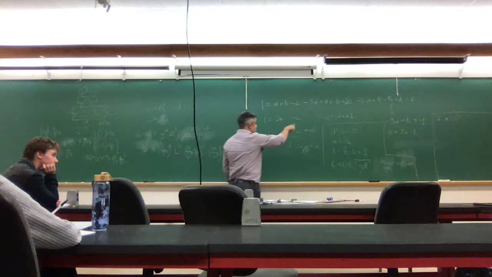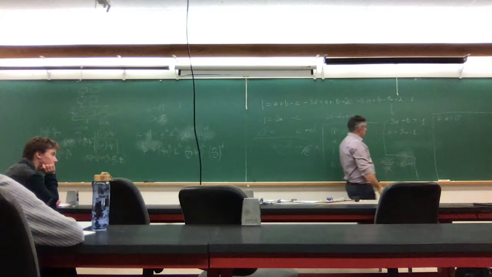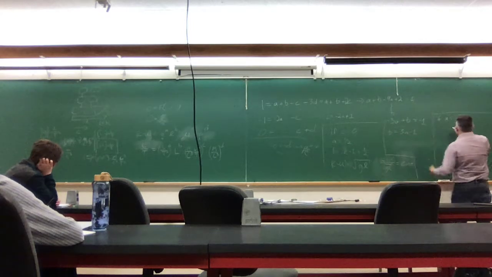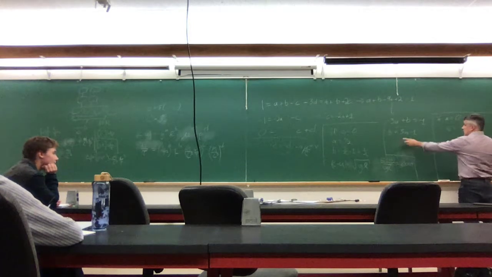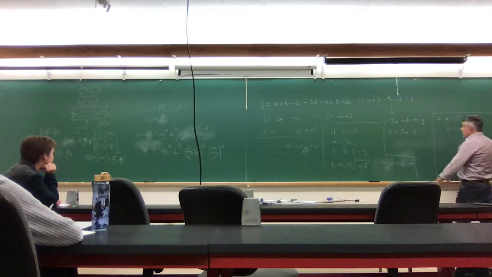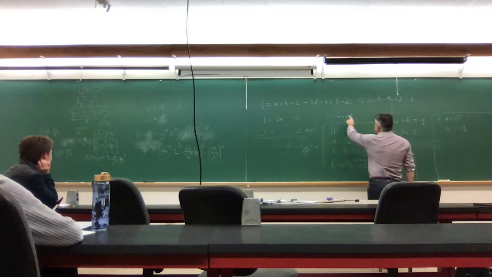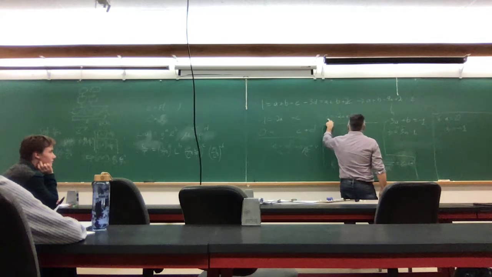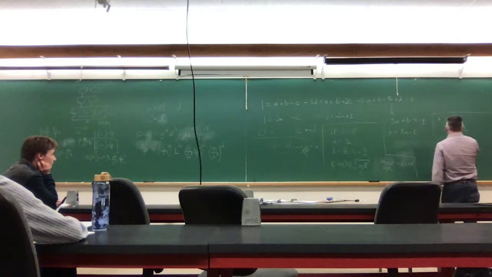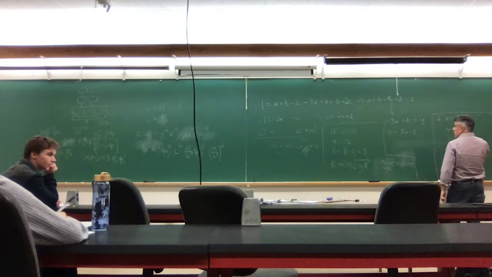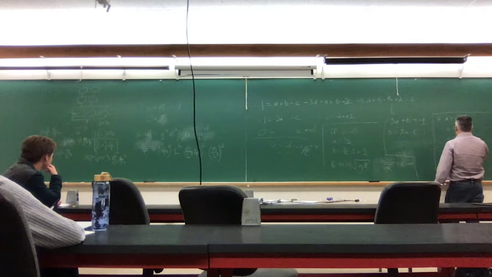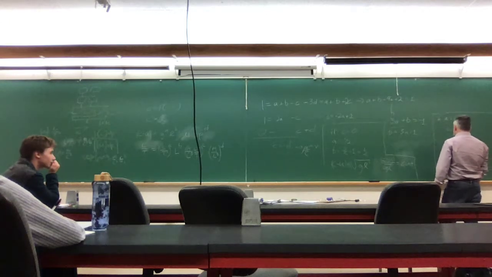What do we get if we go back to these set of equations? If A is 0, then what's B? 1. What if A is 0, what's C? C equals 1, and D equals -1.